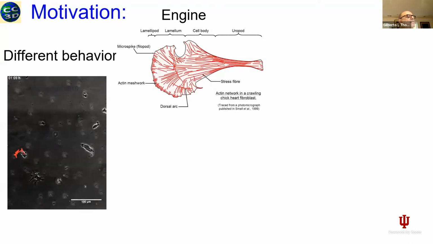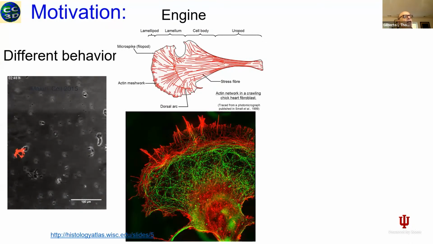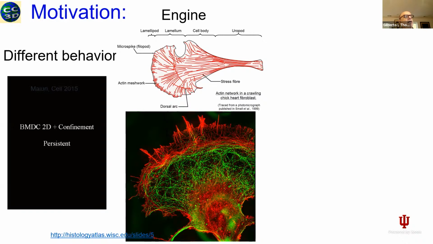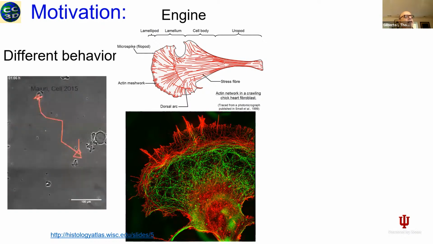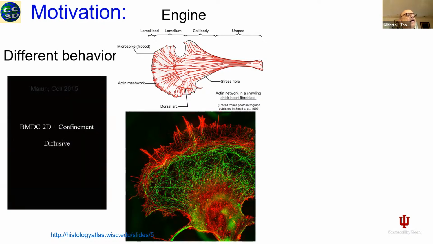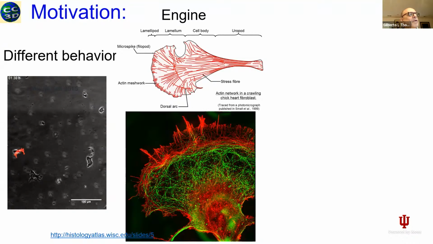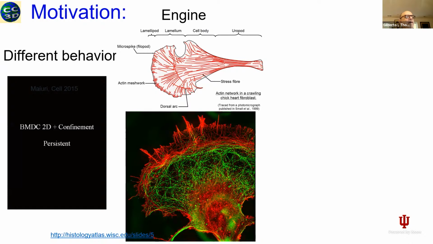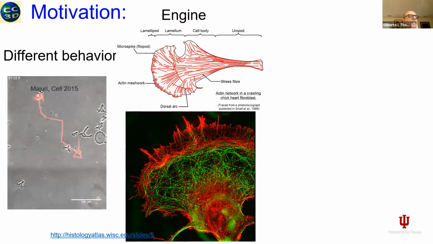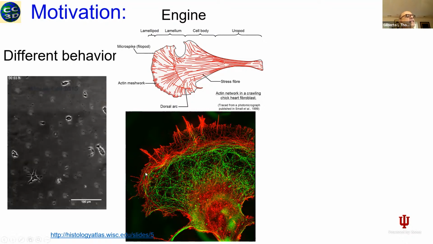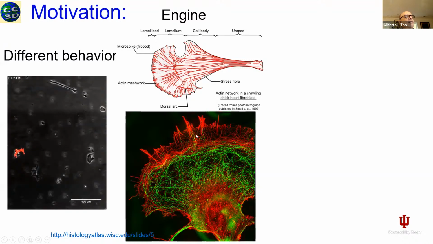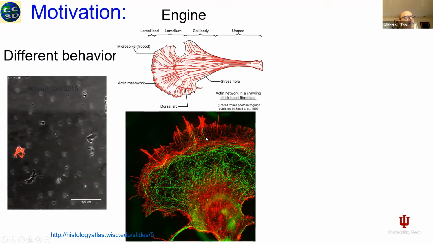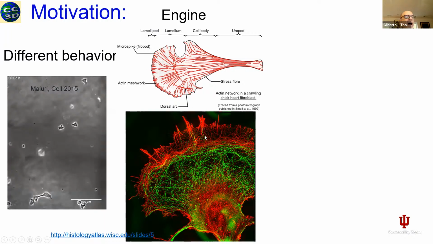How does motion occur in the lamellipodium kind of motion? We have this engine inside the cell. It's a big actin network that forms inside the cytoplasm, built from actin monomers. These actin monomers at the leading edge of the cell, here in the red part, structure themselves into fibers.